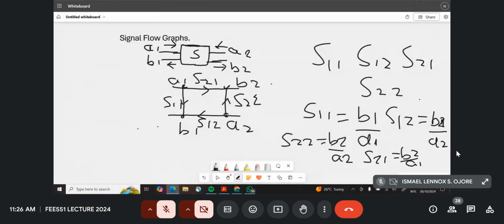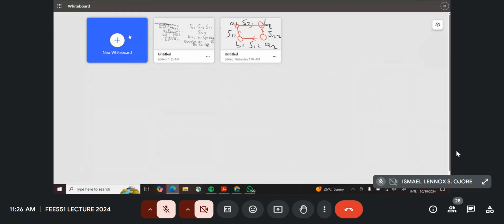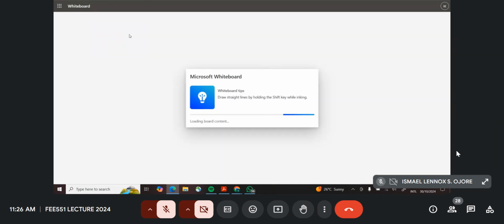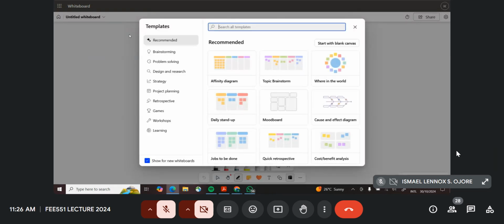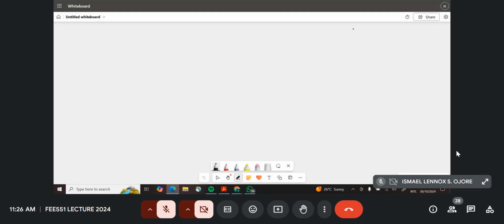Go back to my whiteboard. So there are four rules used in decomposition of the signal flow graphs. One is the series rule.